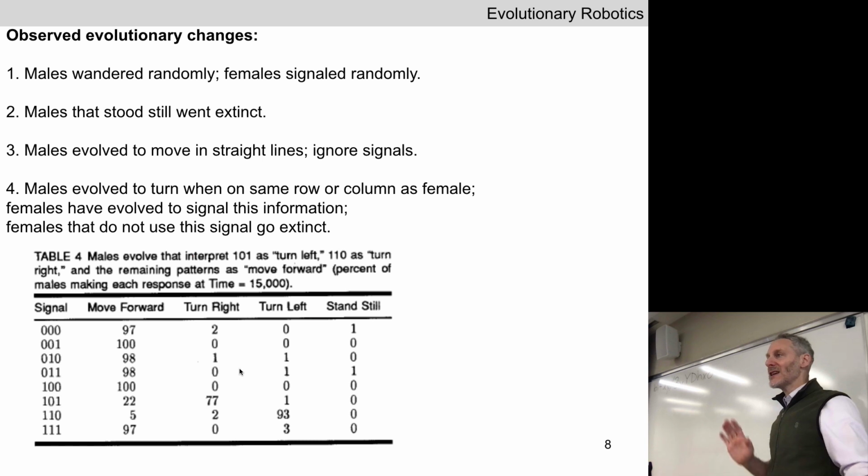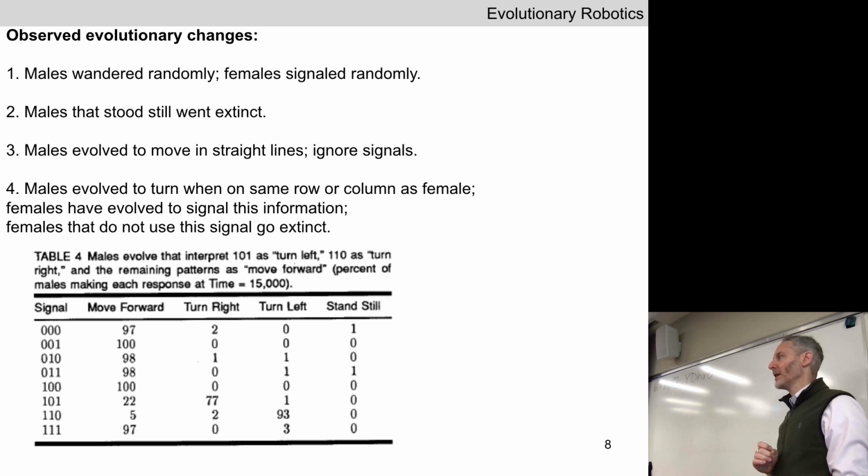Again, these tables are only reporting statistics about the males. It doesn't say anything about the statistics of what the females are doing. Can you guess? What do you think the females are doing on average? If you were to look around this time across all 800 females for 100, 1,000 time steps, do you think the distribution of these songs would be uniform?